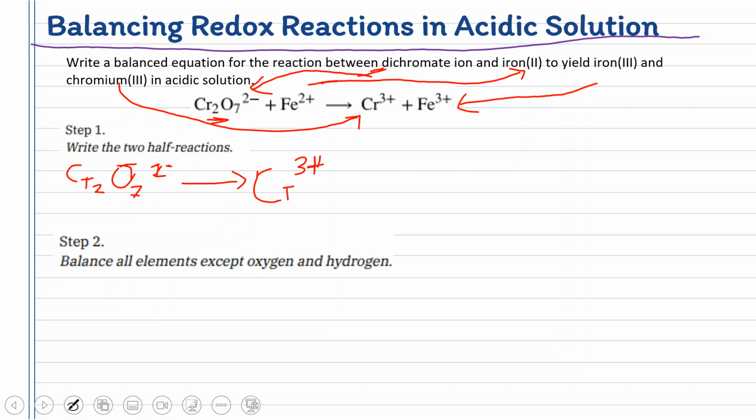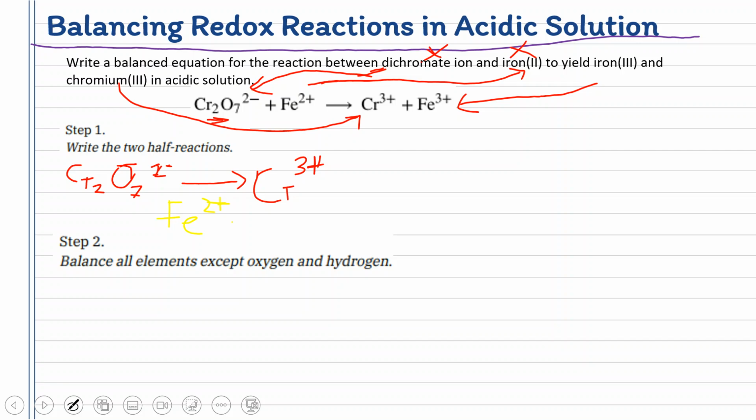For my second half reaction, I'm going to write the half reaction for iron(II) because we said the reaction was between dichromate ion and iron(II). So now let me write the half reaction for iron(II). I'm going to use a different color. So for iron(II), I have Fe2 plus.